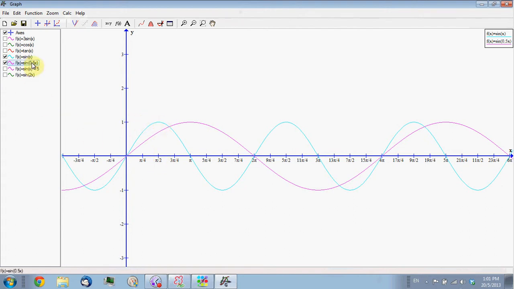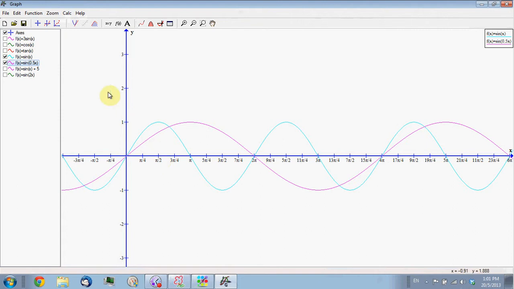Now, because b is 0.5 here, let's look at the new x coordinate where 1 will be. Look at this, y equals sine x. For y equals sine x, the x coordinate where the y value is 1 is pi over 2.